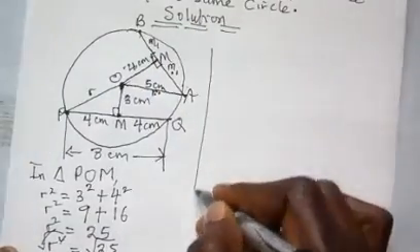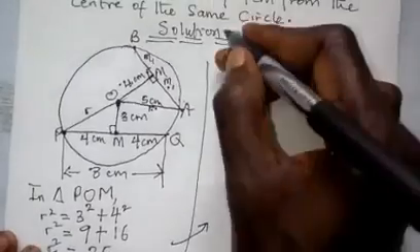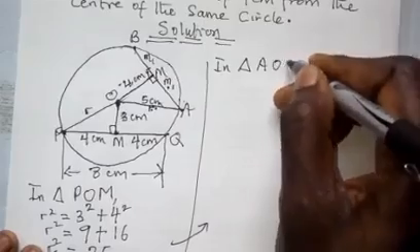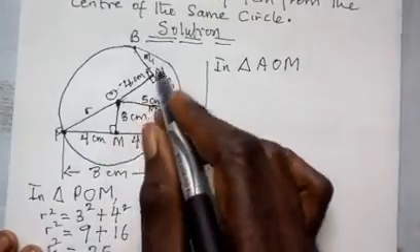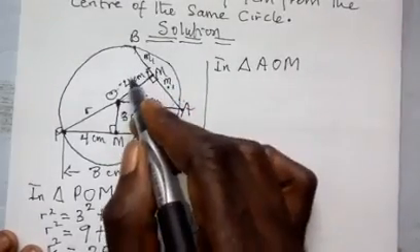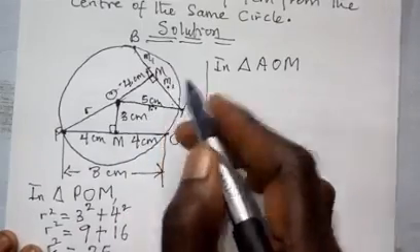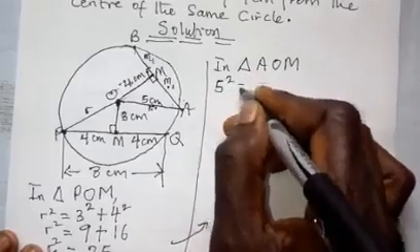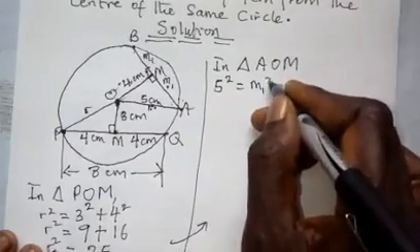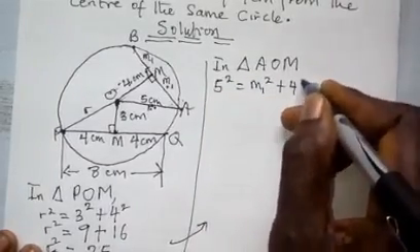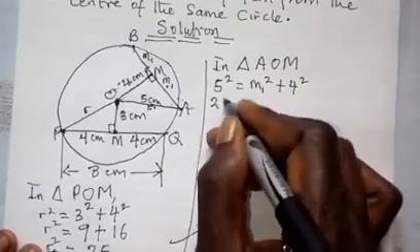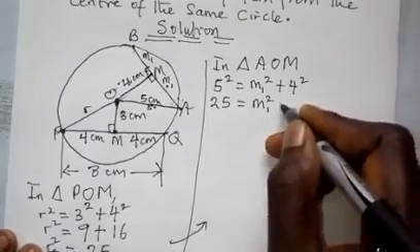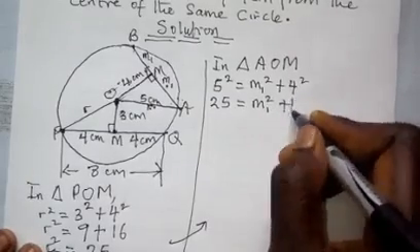All right, so we come up here to solve this problem. In triangle AOM, that is this triangle that is here, we are still going to apply Pythagoras theorem. We know this length, we know the hypotenuse, but we don't know this side. So we say our hypotenuse squared, which is 5 squared, equals M1 squared plus 4 squared. 5 squared will give us 25, and M1 squared still remains M1 squared, then plus 4 squared is 16.